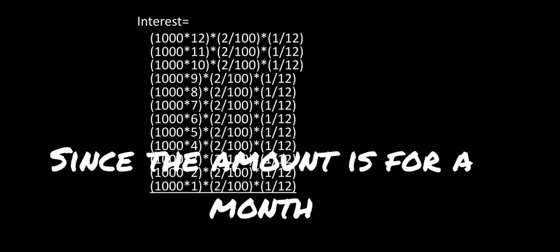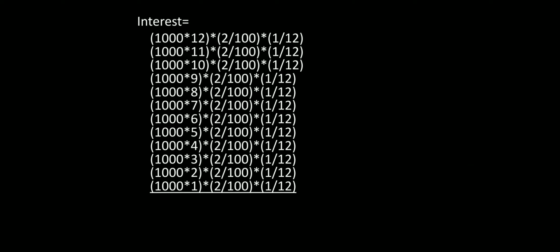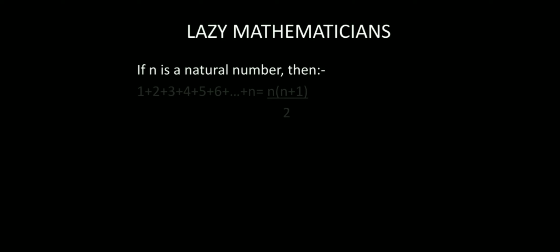Now we add all the given things: 1000 into 12 into 2 by 100 into 1 by 12, plus 1000 into 11, because the 1000 he paid in the second month was in the bank for 11 months. So 1000 into 11 into 2 by 100 into 1 by 12, and so on. We will do this till the last month, but this comes out to be a very difficult thing to solve.